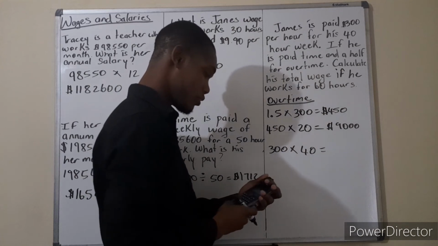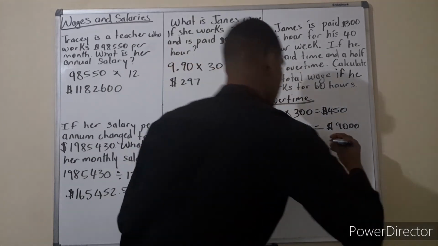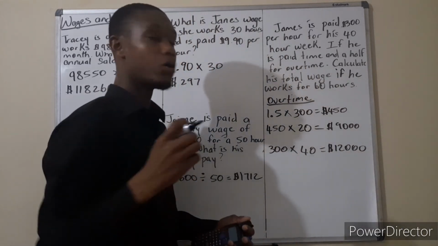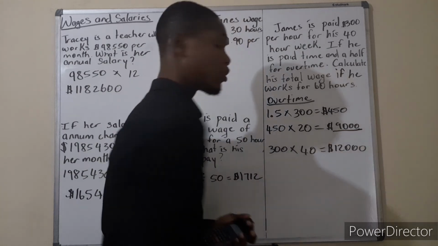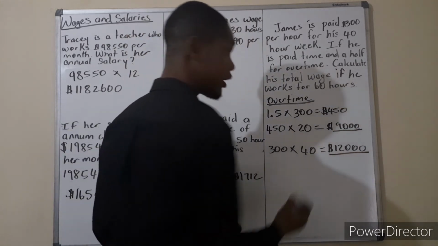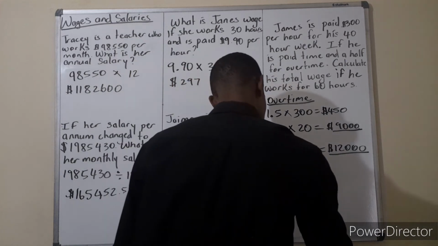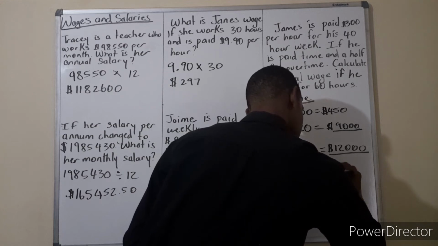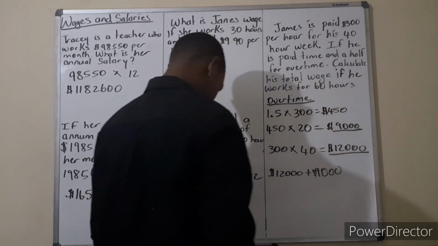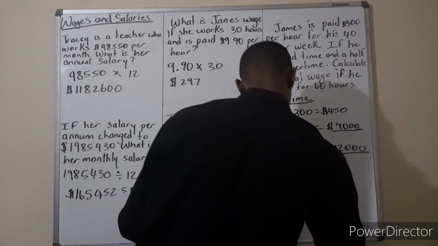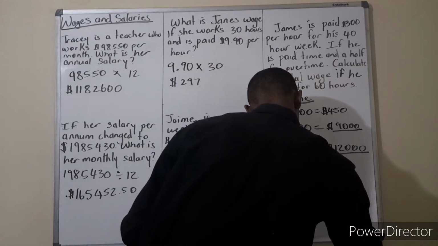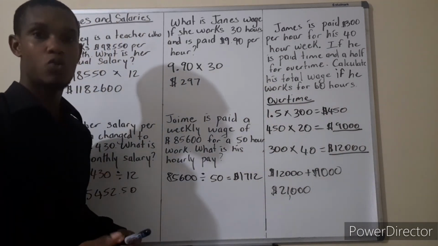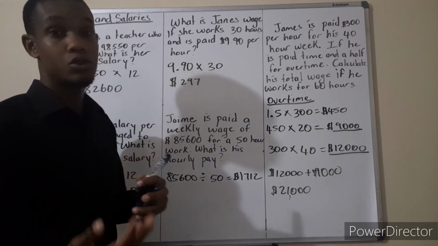So it would be 300 multiplied by 40, which would amount to $12,000. Now that you have these two amounts, the overtime pay and the normal pay, you will add them together. So that's 12,000 plus 9,000, and that would give you a sum of $21,000.